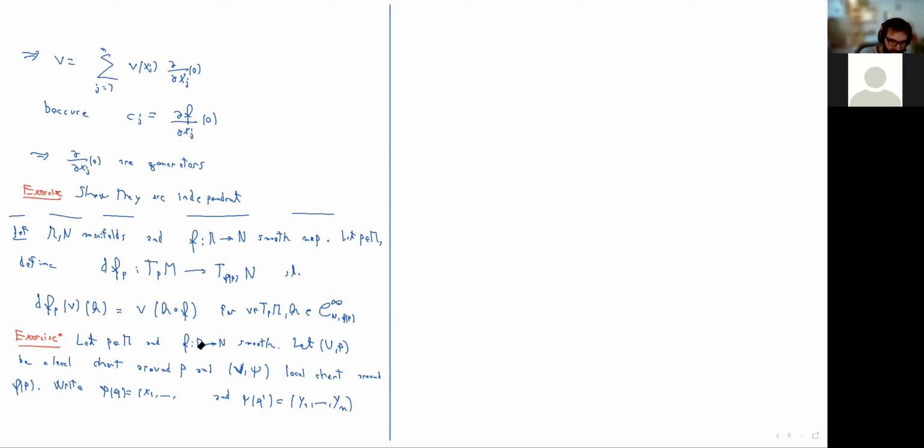So x should have dimension m, and y should have dimension n. So we write it like this for q in U and q prime in V. I'm basically just giving names to the coordinates in R^m and R^n, just to give it a name.